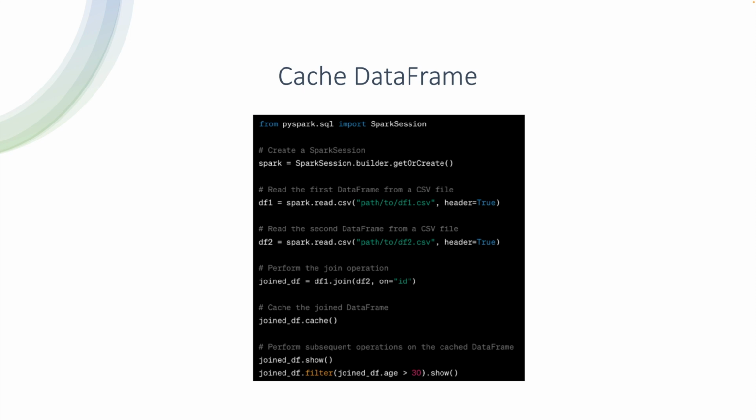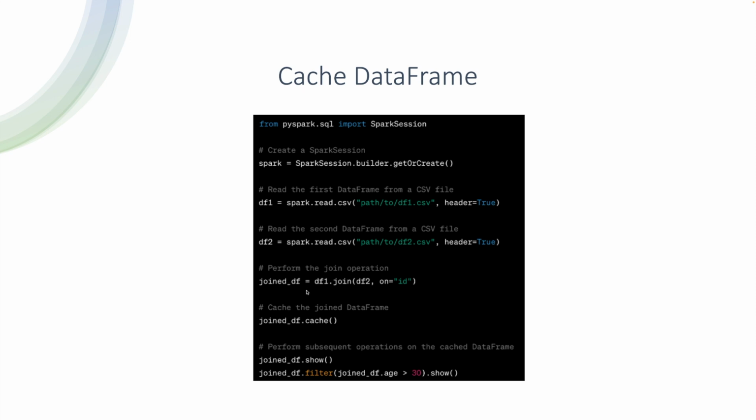So each time you request something like show, if you have not cached the data frame, it's going to go all the way back to the source and follow the execution path to get to this location. However, if you have cached the data here, it's not going to go back to the source. It's just going to get the data right from here.